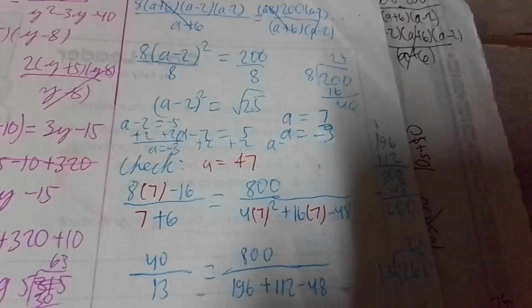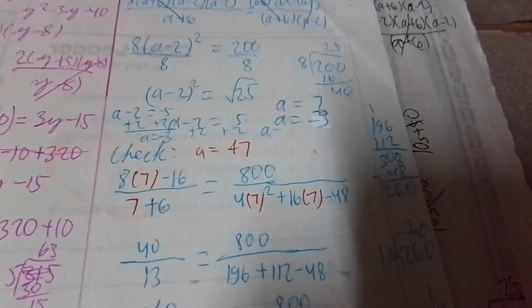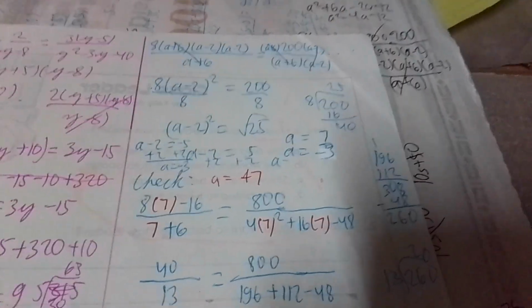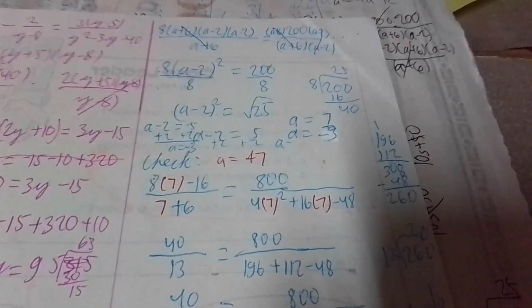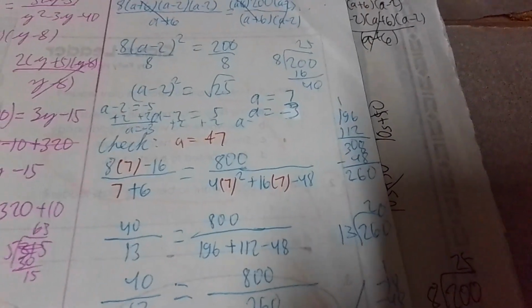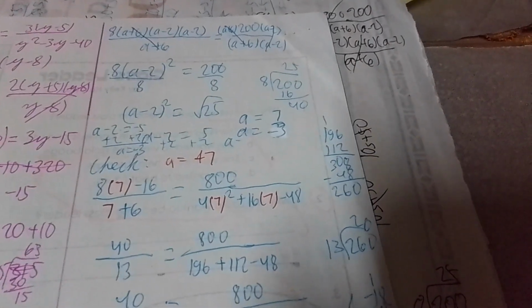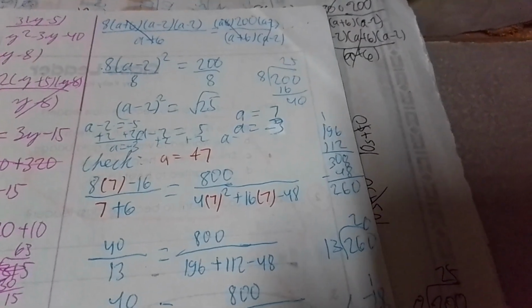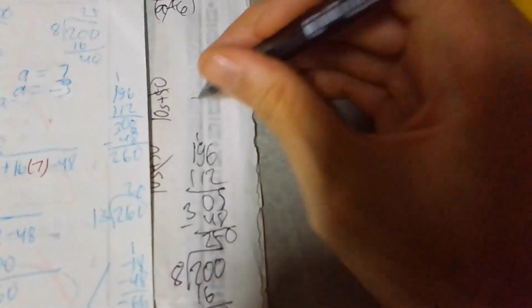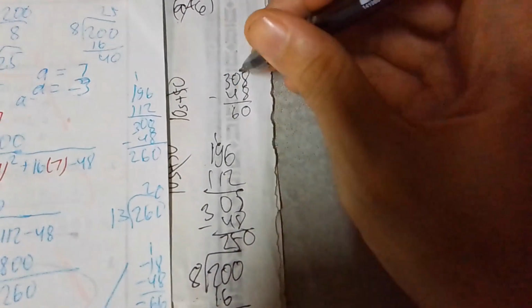Now to check if a were 7: 8 times 7 is 56, minus 16 is 40. 7 plus 6 is 13. And then on the other side, on the right hand, 7 squared is 49 times 4, 196. 16 times 7 is 112, minus 48 equals 196 plus 112. 308 minus 48 equals 260.